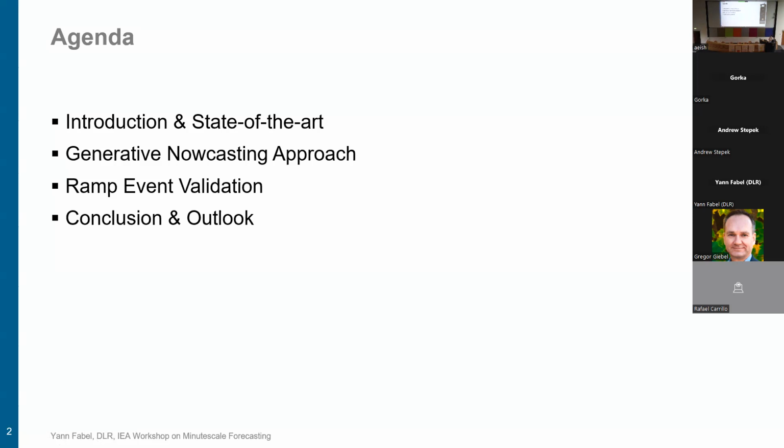So we are not the first ones applying video prediction for sky images, but I think I've only read about one paper from last year, and we have a bit of a different approach. And I'm going to dive into ramp event validation, because that's what we want to improve by this generative nowcasting approach. And I'm going to finish with a conclusion and outlook.